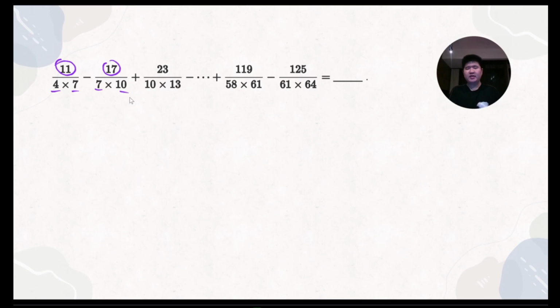我们在这会发现我们的分子永远都是对应的分母2个因数的和。So here we can write 11 as 7 plus 4 over 4 times 7. We just split it, but we didn't change the value. And minus, pay attention here, we've got a sign.